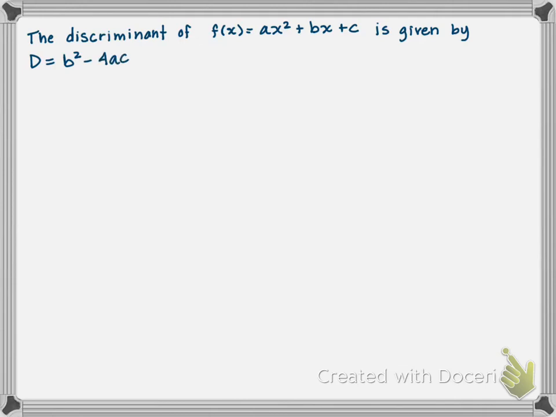So you probably recognize this as, in the quadratic formula, the discriminant shows up under the radical.